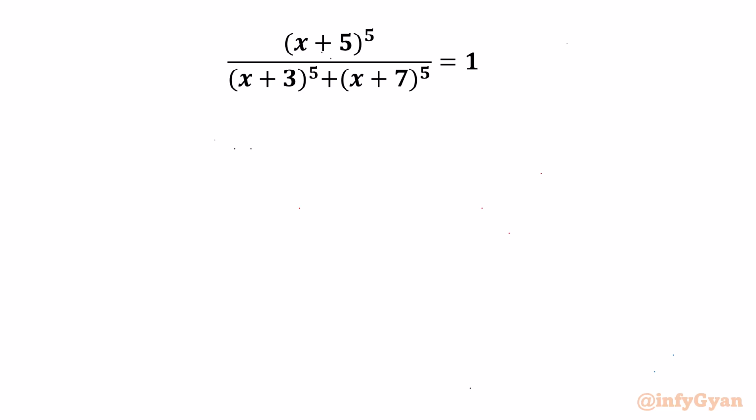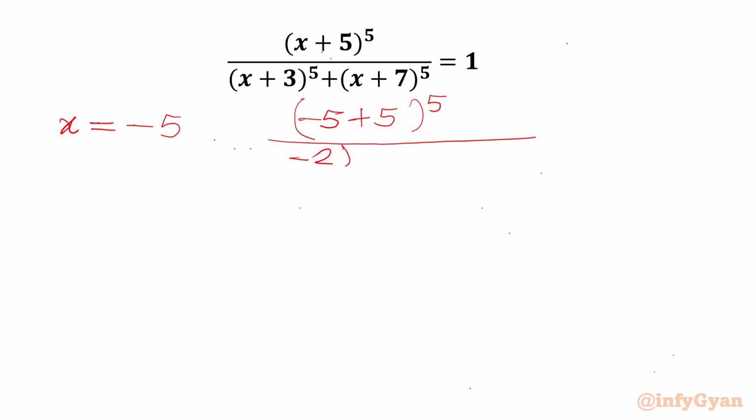So let's get started. I will check our equation at x equal to negative 5. Our numerator will become (-5+5)^5, and the denominator we can write (-5+3)^5, which is (-2)^5, plus (-5+7)^5, which is 2^5. So the numerator is coming out 0, and the denominator is -32 plus 32.